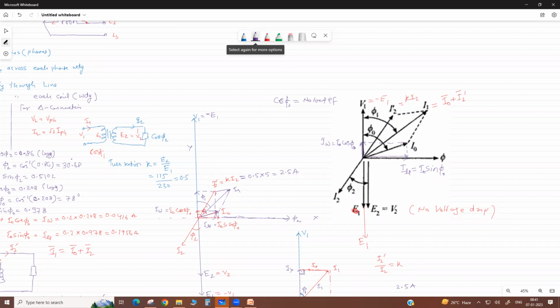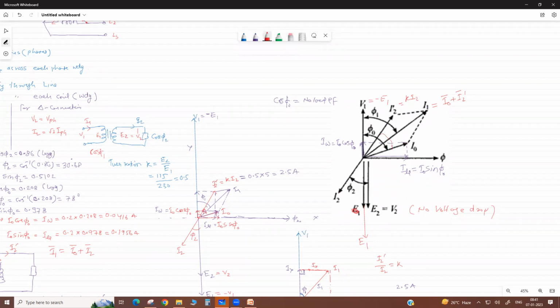Actually, we can easily calculate I1 if we know the angle between these two vectors, but this angle is not mentioned here.